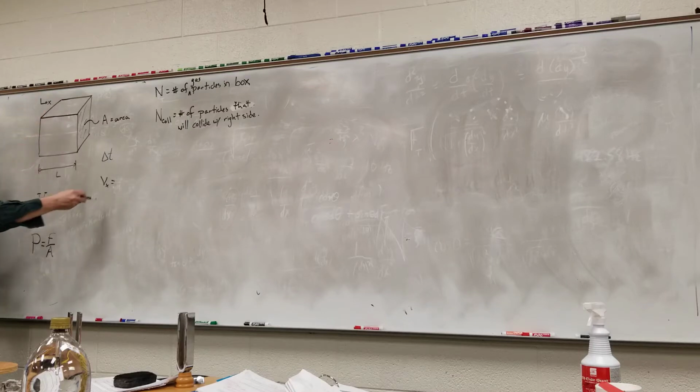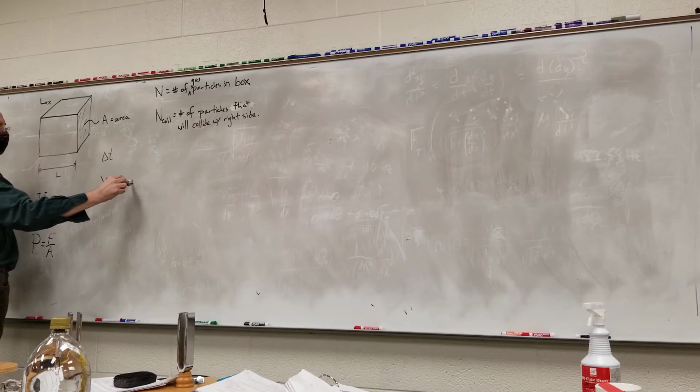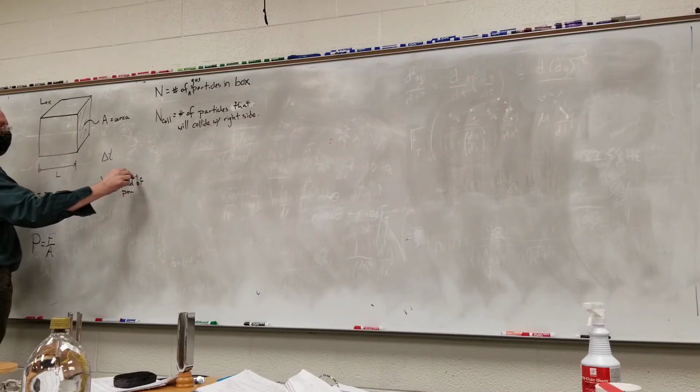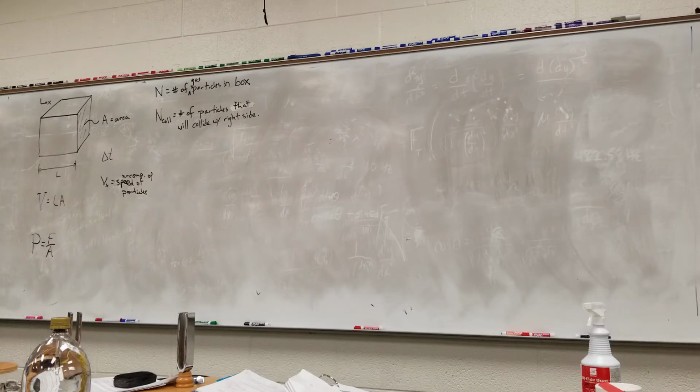That's my x direction right there. vx is the x component of the speed of particles. I guess officially it's the x component of the velocity, but for right now, let's just assume that all the speeds are the same. vx is the same for all the particles. We're going to generalize it later.